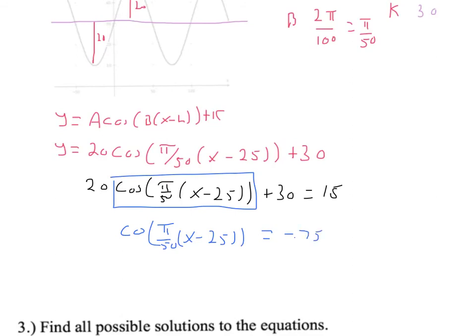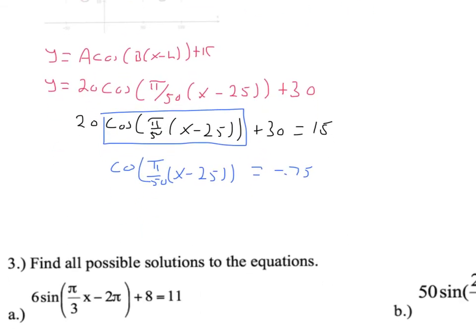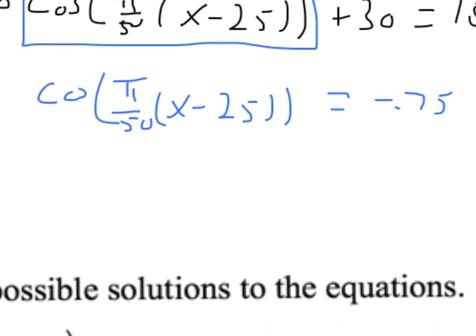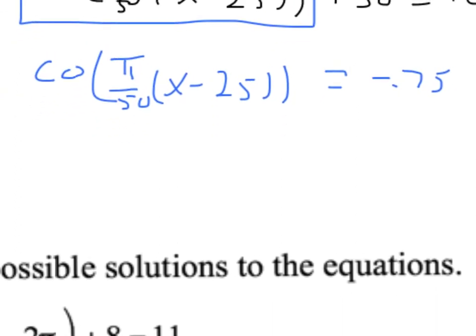Now we're taking the inverse cosine. So that part that's inside here, pi over 50 times x minus 25 is equal to the inverse cosine of negative 0.75.